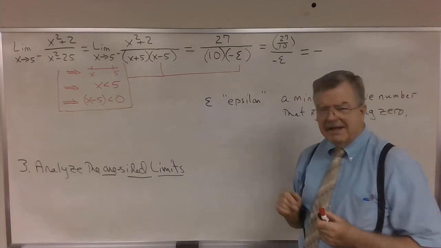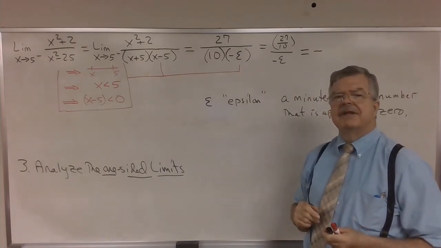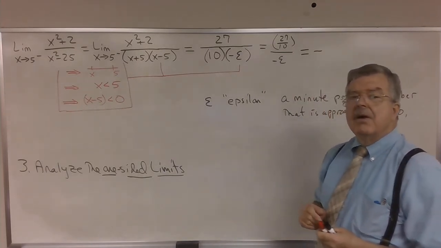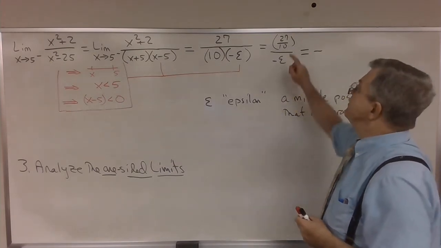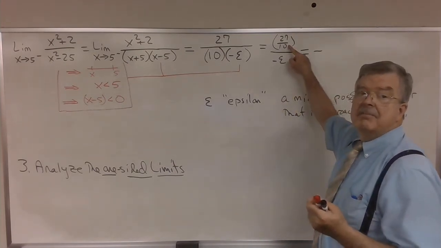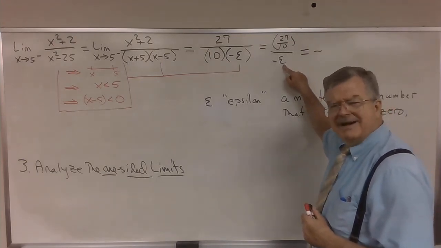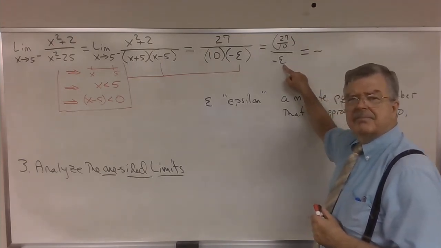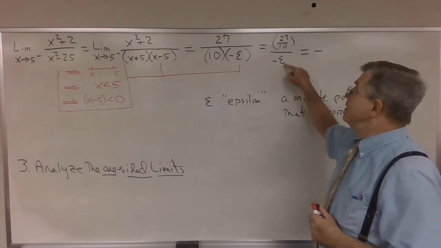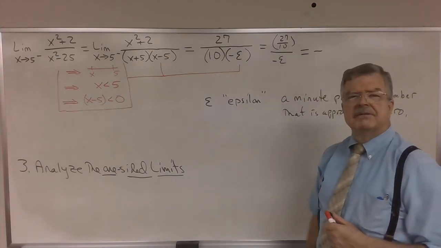And then the next thing I have to figure out is this. What happens if I divide a big number, 27 over 10, by something tiny? Big number divided by little number.